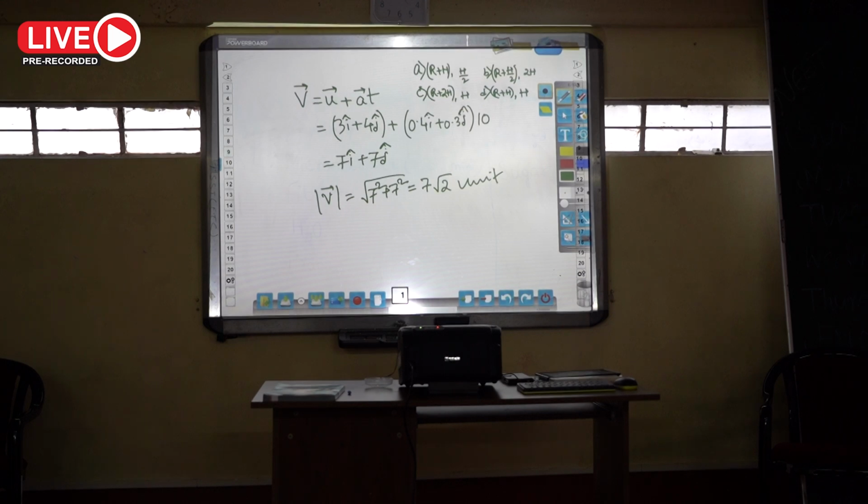First tell me which between range and maximum height will be modified. Range will be modified because that acceleration is along the horizontal direction. The extra acceleration has no vertical component, so vertical motion is still under gravity. Maximum height is in the vertical direction, so it is totally unaffected by this acceleration.